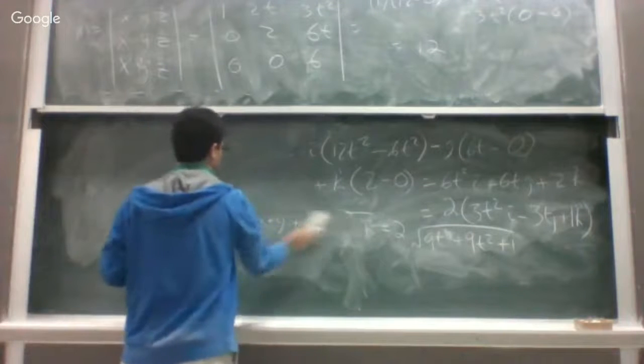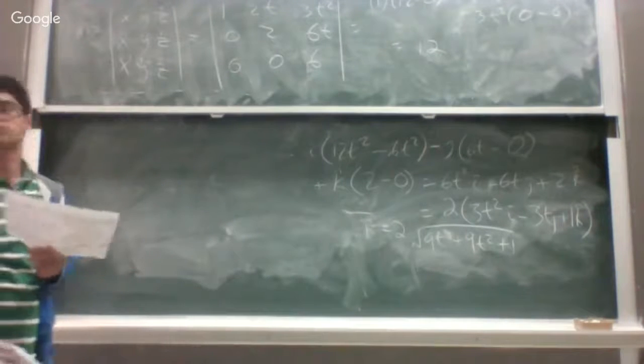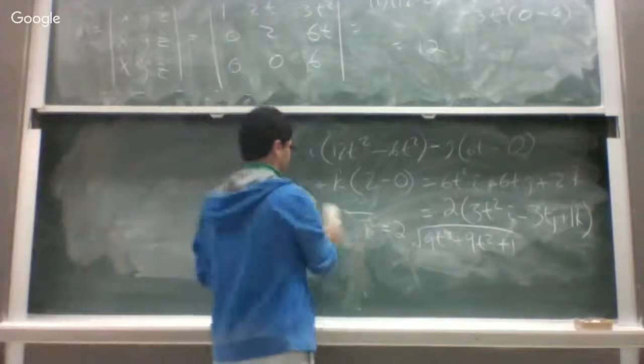So you treat the top 3 as your i, j, and k's? Yeah. And it's the same otherwise.